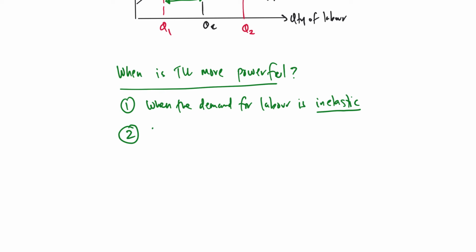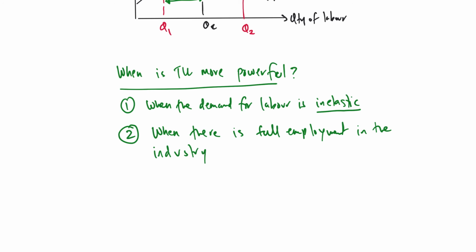Number two is when there is full employment in the industry. If there is full employment in the industry, then the employer will find it difficult to find replacement workers. So trade union will tend to be more powerful. But if you have a lot of people available easily, then trade union may not have that much power.